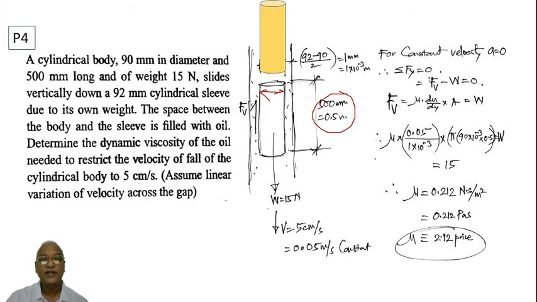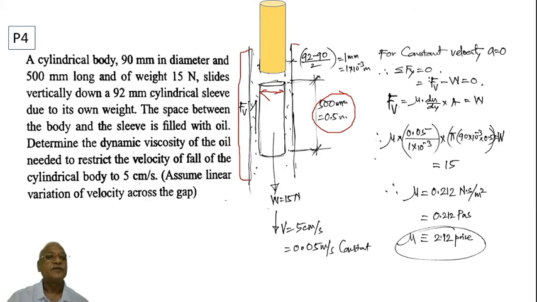So the weight is acting vertically downwards. It slides vertically down a 92 mm cylindrical sleeve. Okay, there is a sleeve having a length, right?